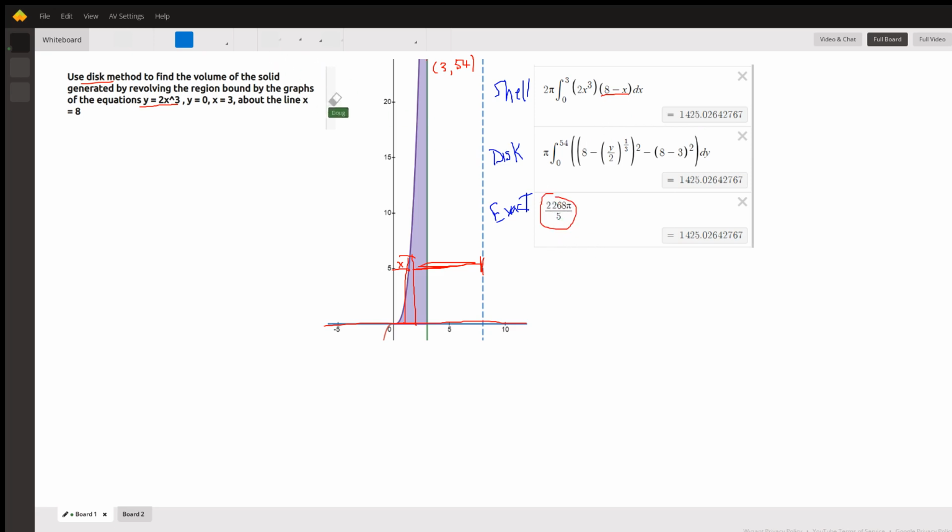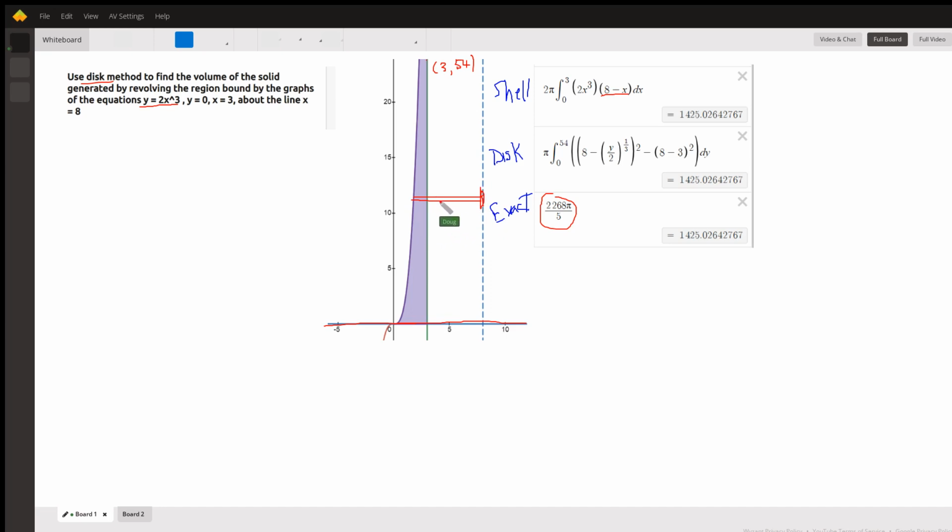Now, using the disk method gets quite a bit more painful. Okay, we want our typical disks to be, I think I said perpendicular for the shell method, it's actually parallel to the axis of revolution. But for the disk method, we want the typical disks to be perpendicular to the axis of revolution, and that's where we're using outer radius squared minus inner radius squared.